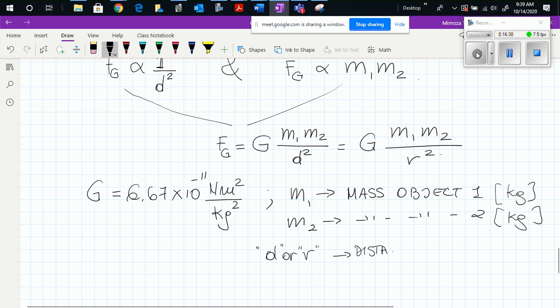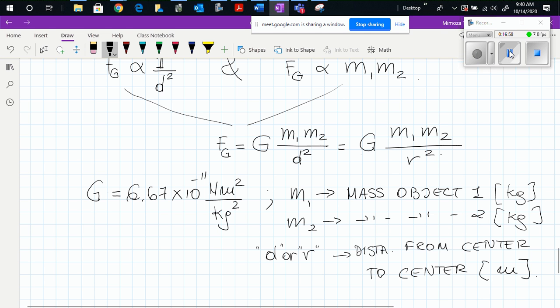What this R or D represents is the distance from the center of the first object to the center of the second object, and it is measured in meters.